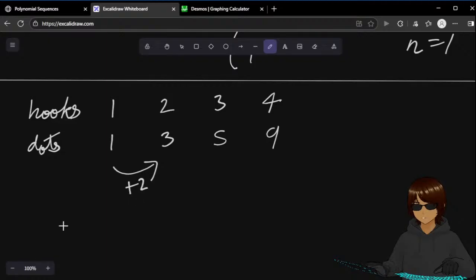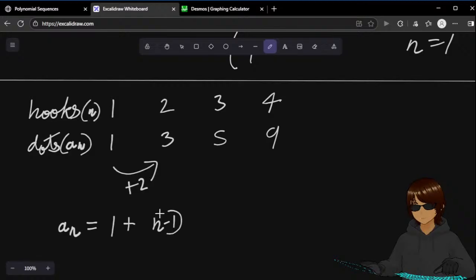Let's do this, n is equal to 1, dots a n, and then 1 plus.